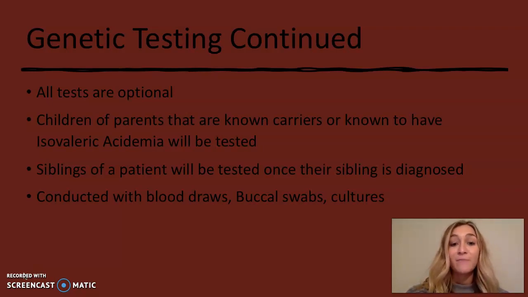Siblings of a patient who is diagnosed will also be pulled in and get tested since, as mentioned before, they might be older but might not be showing symptoms yet. So it's a good chance that if one child has it, someone else might have it or be a carrier. So they want to go ahead and test all the siblings. And as I mentioned, it can be done with blood draws, buccal swabs, or cultures.